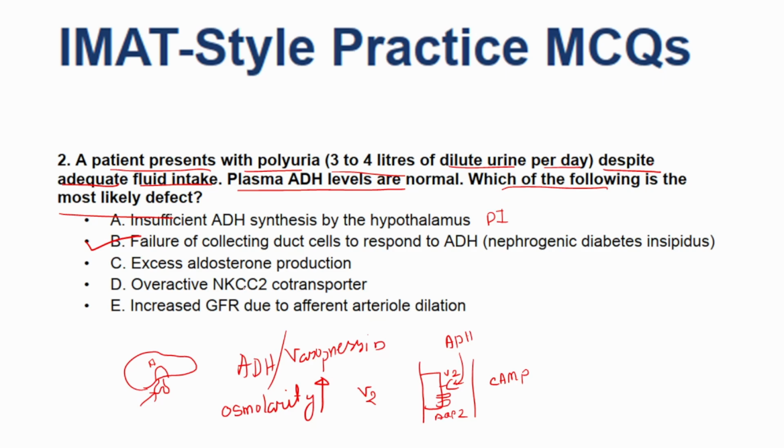Increased glomerular filtration rate due to afferent arteriolar dilation could elevate urine volume slightly but would not selectively manifest as a specific defect in water concentrating ability while leaving hormone levels unaltered.